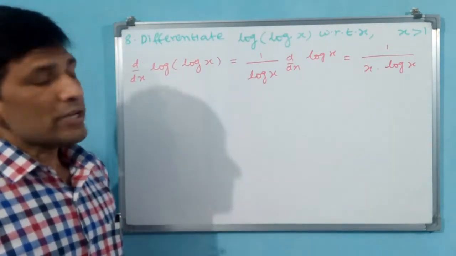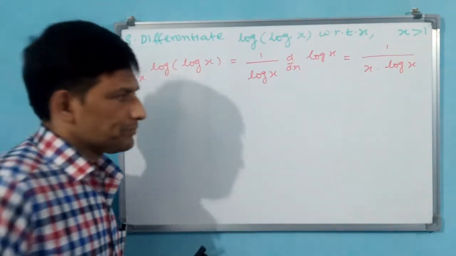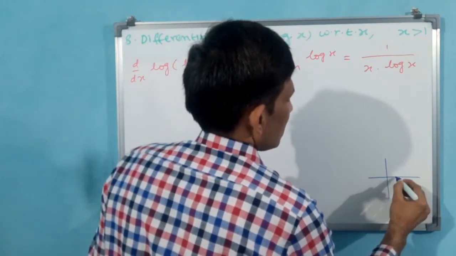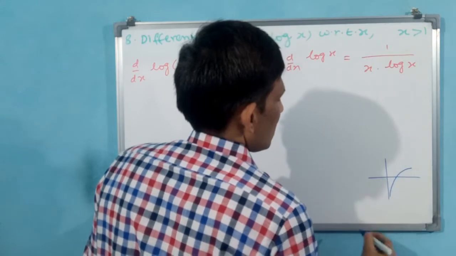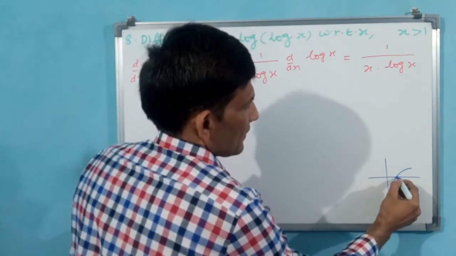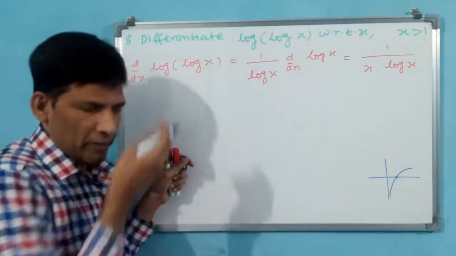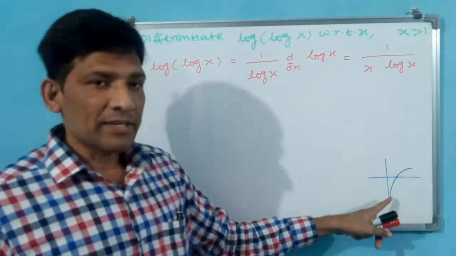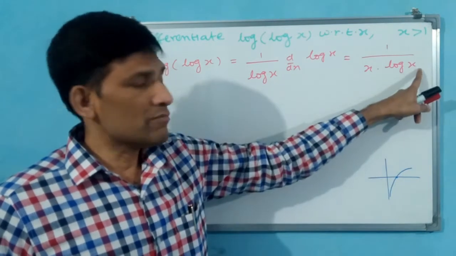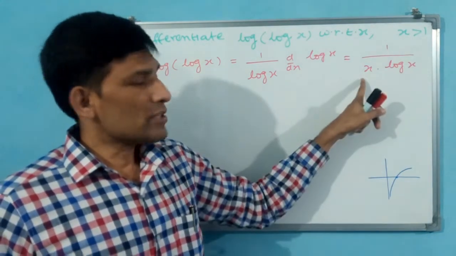Now you tell me what domain you are going to give. See, if you give x is greater than 0, automatically log 1 is going to become 0. 0 into something is 0.